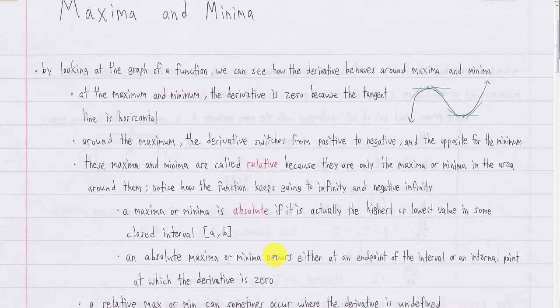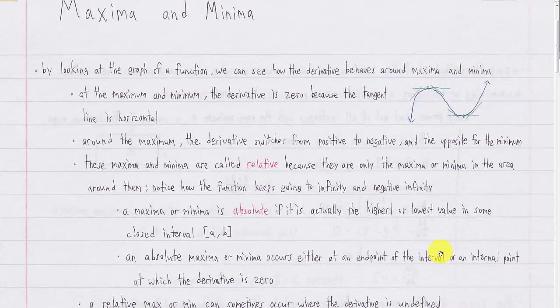But if you want an absolute maximum, you have to look at all of those points as well as the endpoints of the interval, because the absolute max or min could occur at an endpoint where the derivative is not necessarily 0. So you have to check the points where the derivative is 0 as well as the endpoints and see which one is higher or which one is lower, depending on what you're looking for.